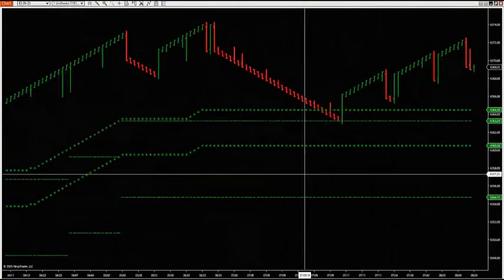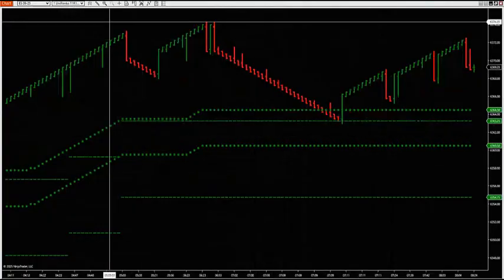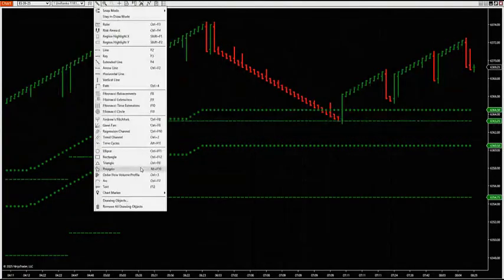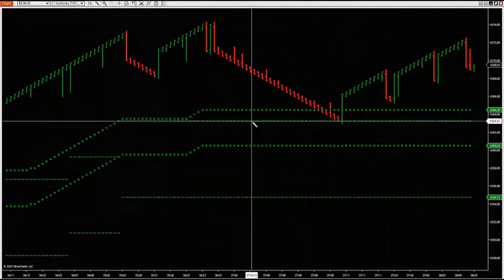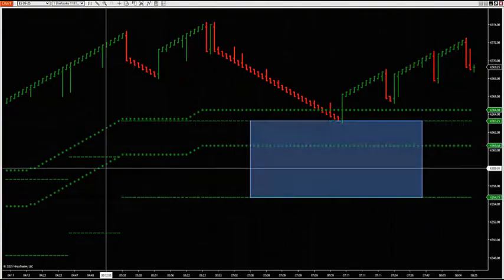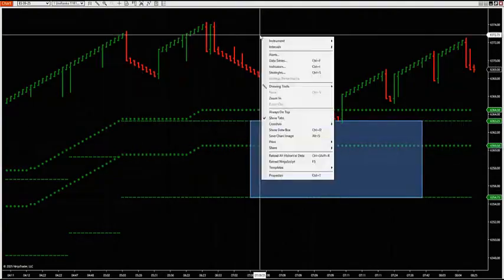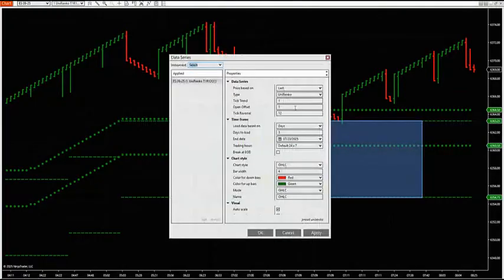So if you look, here's our zone. The zones are static, so they don't change. You have to understand that these zones are static, and the trend filter will be the same if you're on a shorter Renko size or larger Renko size. So this is a 1112 instead of 1135.